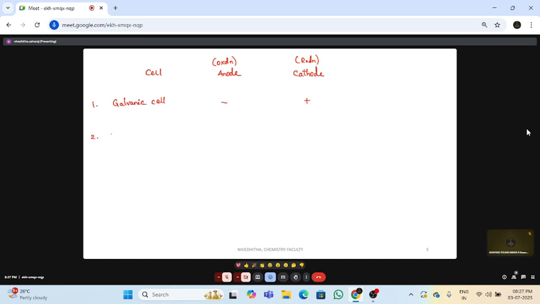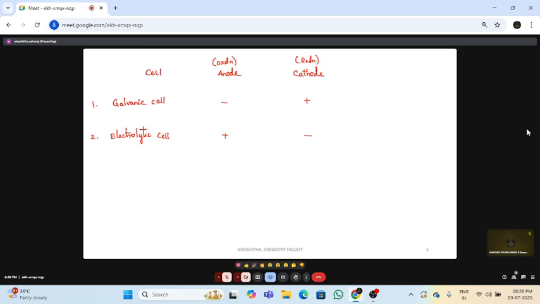The next type of cell we're going to discuss in the future is the electrolytic cell. There also we'll be having anode and cathode, and in anode oxidation and in cathode reduction. But the sign of anode will be positive and the sign of cathode will be negative in an electrolytic cell. While we are discussing the electrolytic cell's working principle, I'll tell you why the anode got positive charge and the cathode got negative charge.